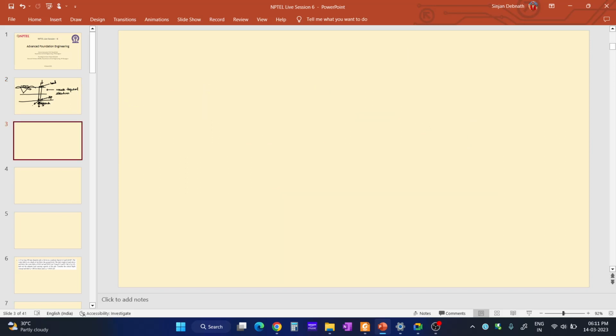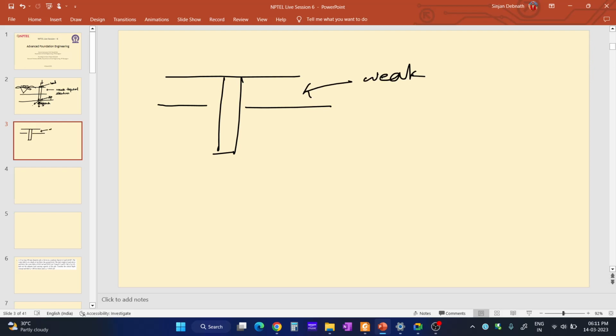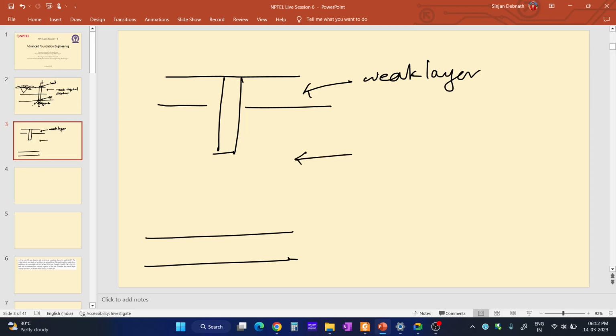Another case is where suppose this is a weak layer, and bedrock is at a great depth, but this stratum is a comparatively good, hard stratum, suppose stiff clay or dense sand.